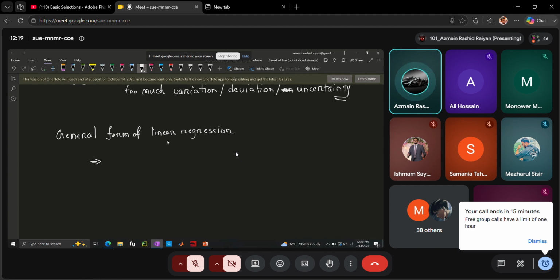The general form of linear regression can be written as y equals ax plus b. Just like at our matrix level, we used to write y equals mx plus c, here we can write y equals ax plus b.